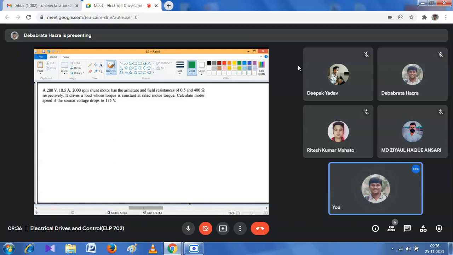It means what are given, V1 is equal to 200, and what is the value of IA1?